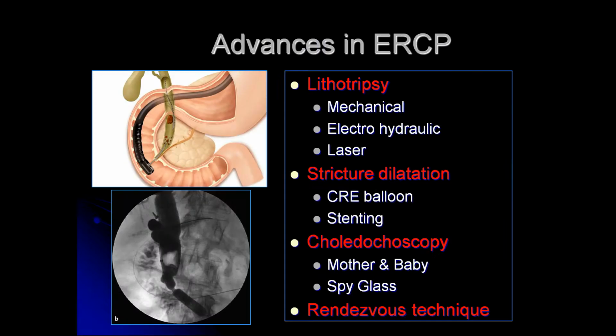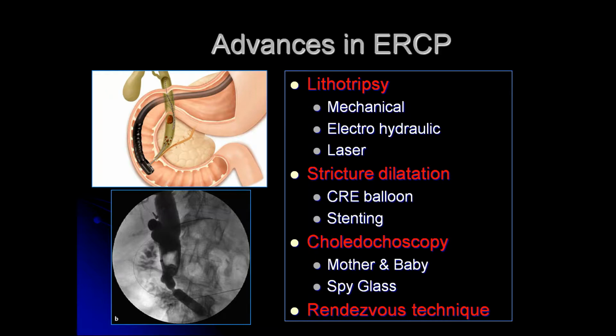Next slide. Before we conclude, let us enumerate the advances in the ERCP. There are newer types of lithotripsy available. Apart from the mechanical lithotripsy, one can use electrohydraulic lithotripsy or even a laser to blast the stones.